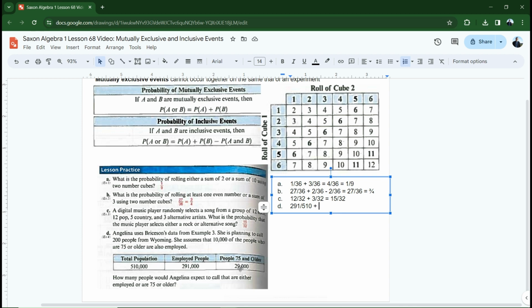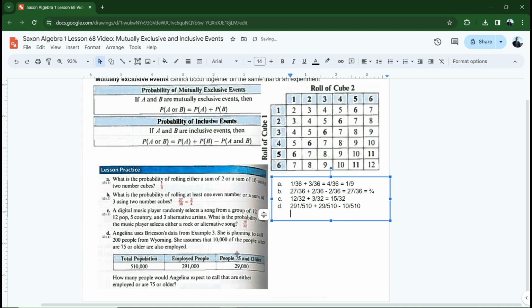I need to add this probability, 29,000 over 510. Okay, and then I need to subtract the number that are both, the probability of A and B. 10,000 people are both, so I double counted those people. I need to subtract them. It's going to be 10 over 510.